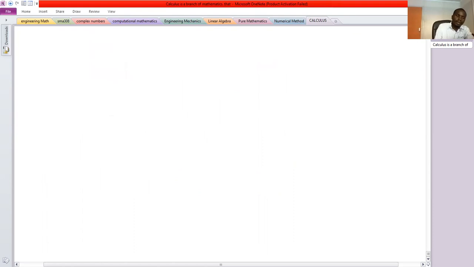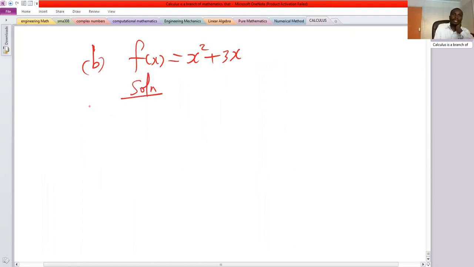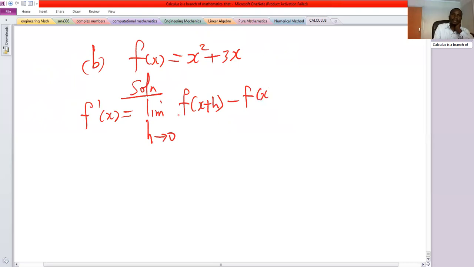Part B, the function is given by f of x equals x squared plus 3x. Now, we know that f prime of x is the limit as h approaches 0 of f of x plus h minus f of x divided by h.